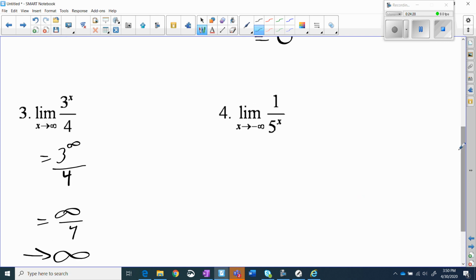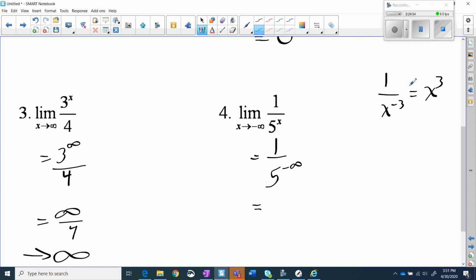And over here, I've got 1 over 5 to the x, as x is going to negative infinity. Now, we've already talked about negative exponents a moment ago. Again, if you're taking 12B math, you need to be able to get your brain wrapped around negative exponents. If I have 1 over x to the negative 3, you need to know that that's the same thing as x to the positive 3.